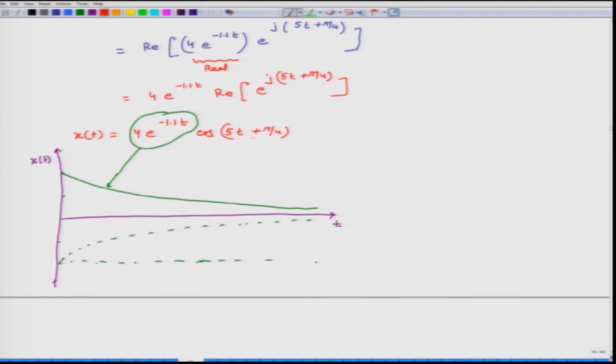Cosine of pi by 4 is 1 over root 2. So, this entire function is 1 over root 2 times 4, and 1 over root 2 is 0.707, so that is 2.8. This is 1, 2, 3, so it is slightly less than 3, 2.8. And this thing will have a cosine shape. So, it will look something like this.